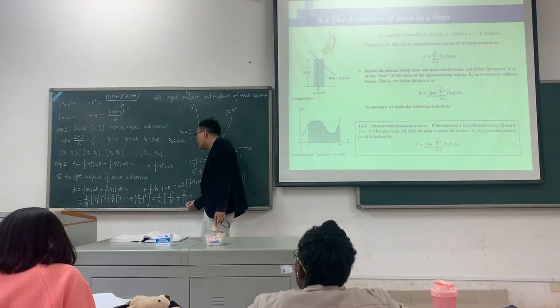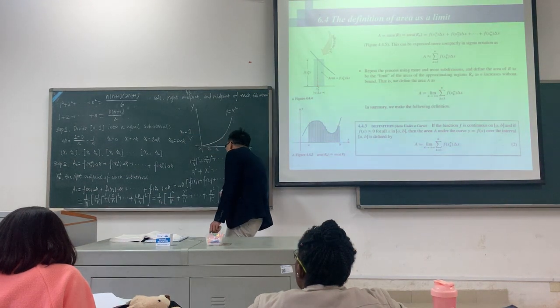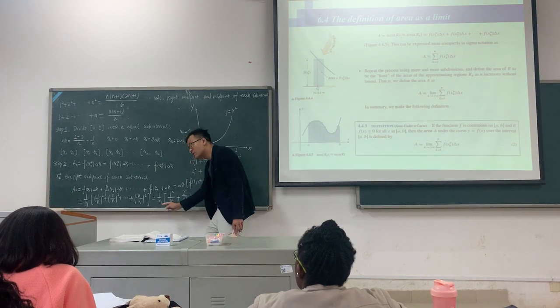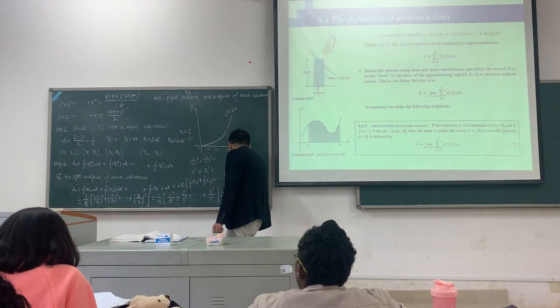So here we take out 1/n squared, and times 1/n, so here is n cubed.